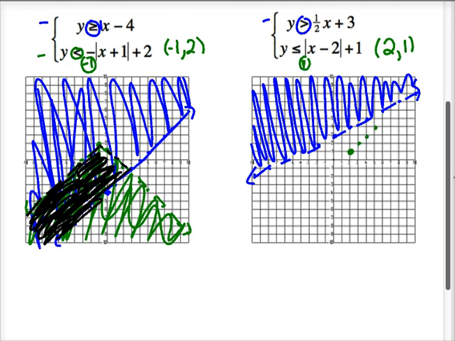So it follows a slope of 1. Interpret its inequality. It is less than or equal to. So the or equal to piece means it's a solid line. I shade underneath it because it's less than.